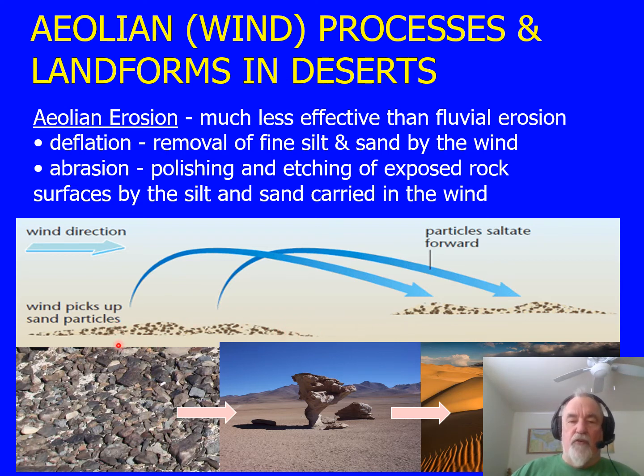They'll creep along the surface. They will saltate along the surface, and the finer particles could be suspended. But it's those grains of sand, which are bouncing along for a few feet, even in very strong winds, that are going to do an awful lot of the carving of aeolian features within the desert.